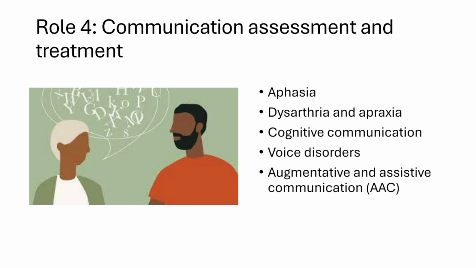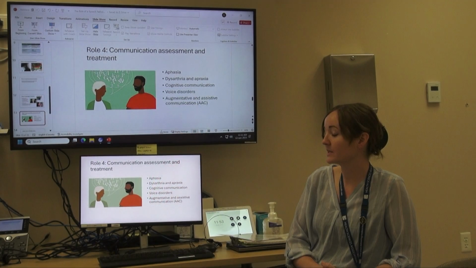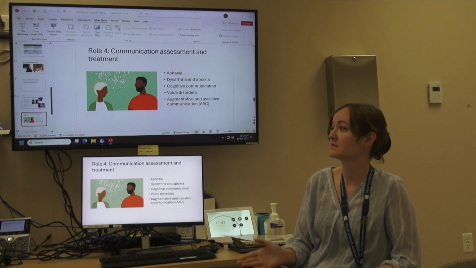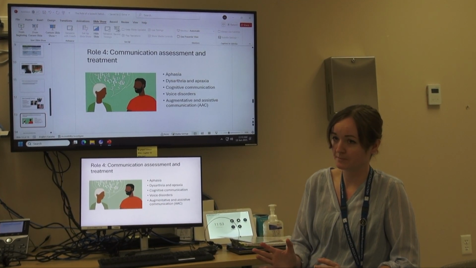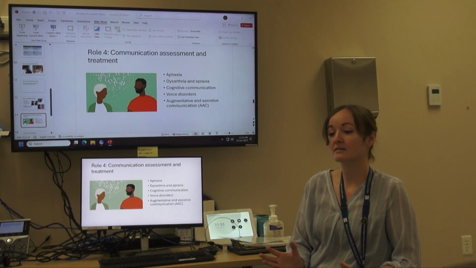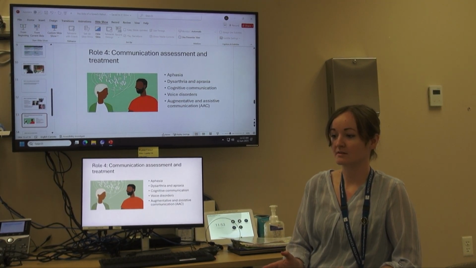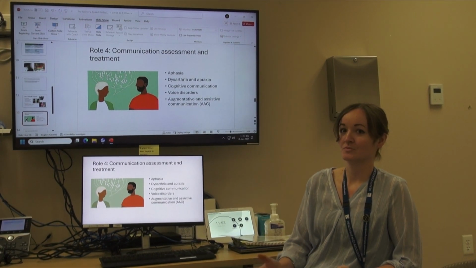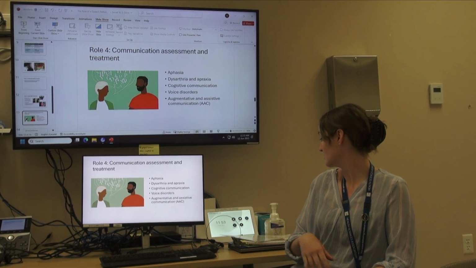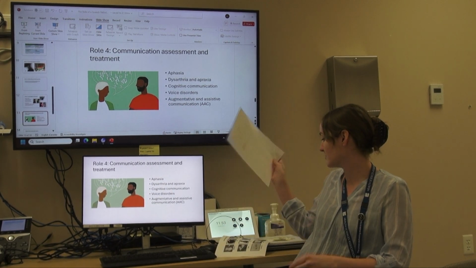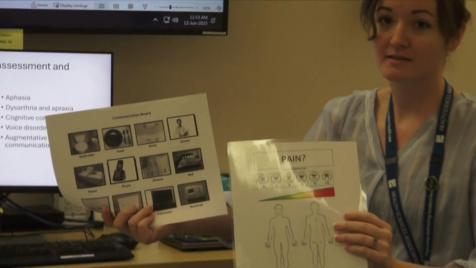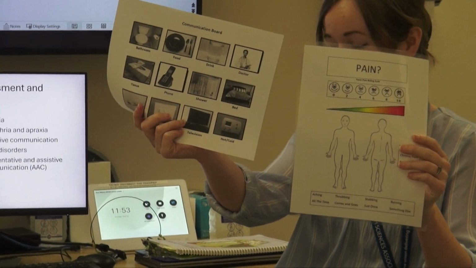I can also help with people coming into hospital who have AAC needs, so augmentative and assistive communication. And this basically just means any form of communication that doesn't involve speech. So everything from gestures to picture supports. We've got pain scales or basic communication needs.